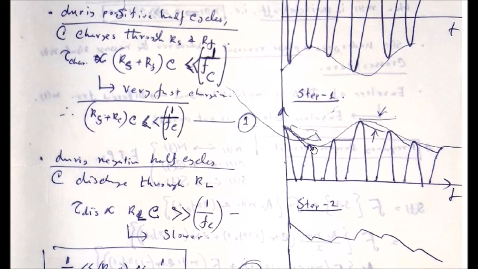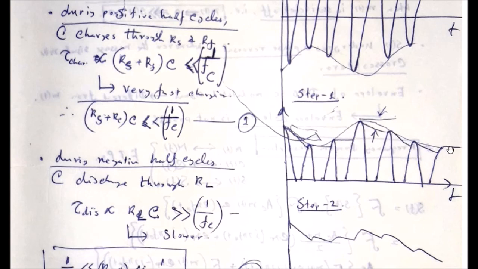Again it will start to discharge, but the discharging rate is very small. That's why, before the discharge of the capacitor reaches zero, the modulated waveform spike begins to rise sharply again and charges the capacitor. In this way, the voltage across the capacitor will follow these lines.